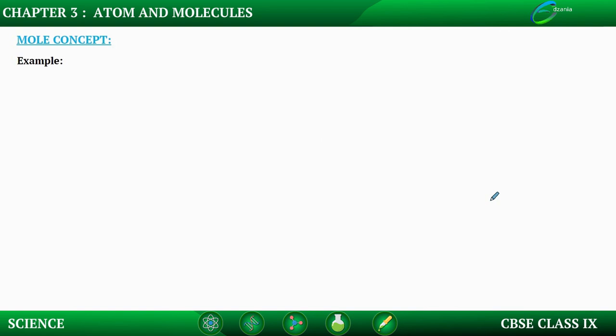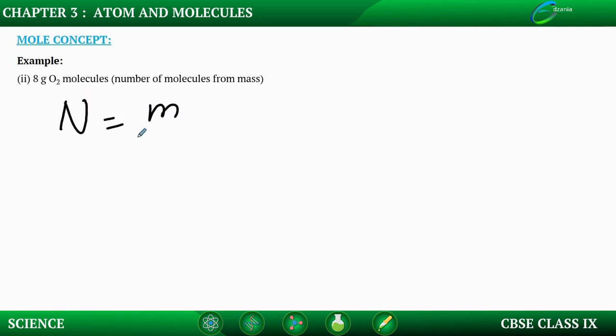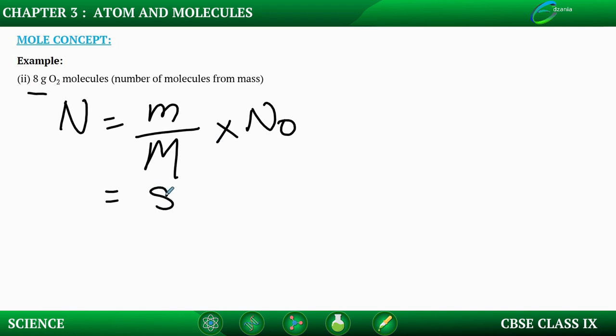Next, we need to find the number of molecules in 8 grams of oxygen molecule. We already know the formula: capital N is equal to small m upon capital M into N0. The given mass is 8 grams, and we know that the molar mass of the O2 molecule is 32 grams. How 32 grams?